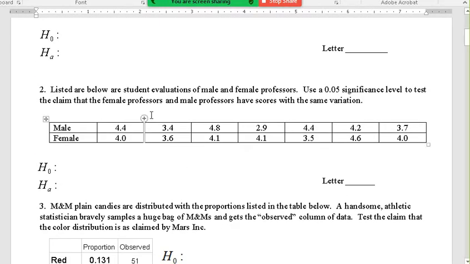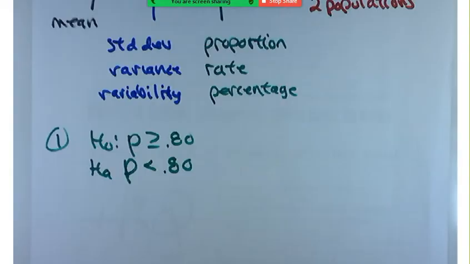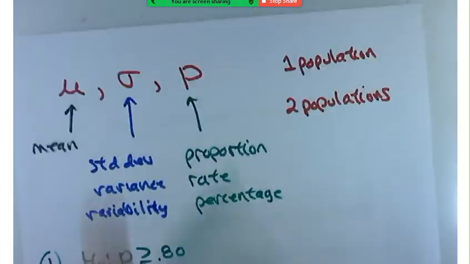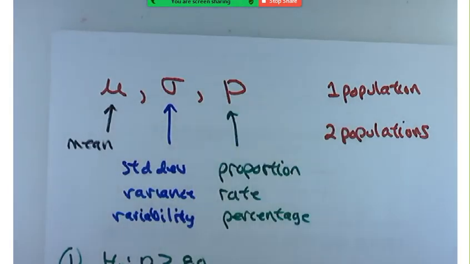Listed below are the student evaluations of male and female professors. Use a 5% significance level to test the claim that female professors and male professors have scores with the same variation. All right. I'm hoping that it's kind of in your face on this one in terms of what parameter you are testing. Are you testing a mean, a standard deviation, or a proportion?